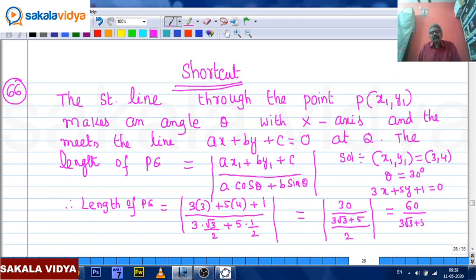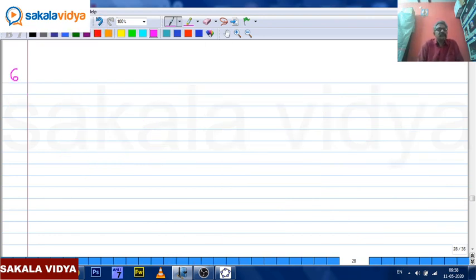You need to rationalize it. That means the fourth option will be the right option, I think so. Fourth option you will be getting. So 60 by 3 root 3 plus 5.